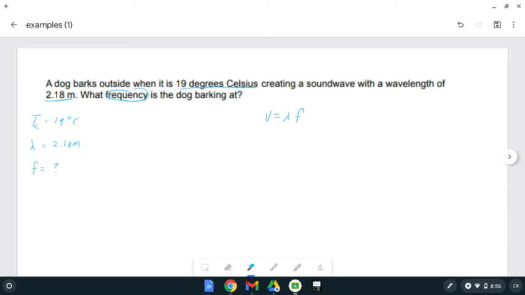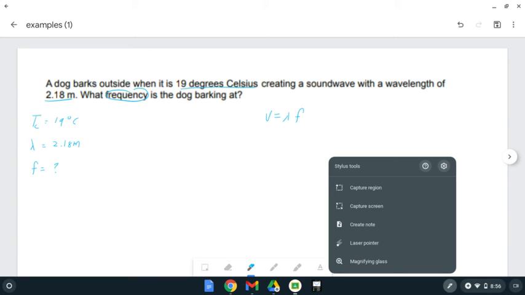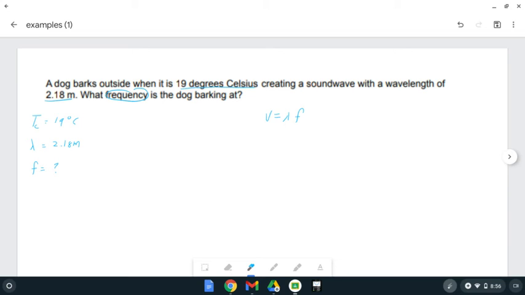All right, when we're looking at this, you won't see an equation that uses temperature, wavelength, and frequency. This is not one of them. So the other wave speed equation we had, and this is the one I told you to always use if you're given temperature, just go right to that one: v is equal to 331 plus 0.6 T_C.